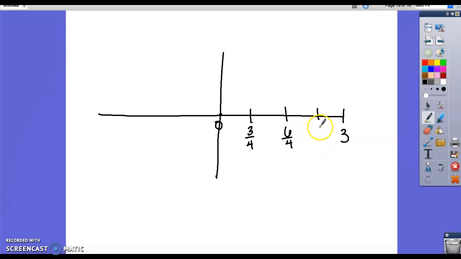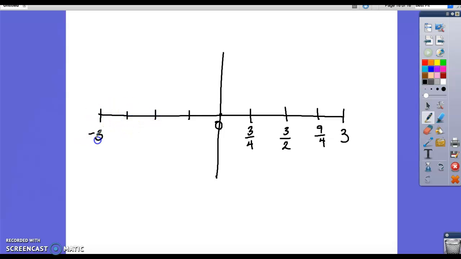And 6/4 plus 3/4 is 9/4. And 9/4 plus 3/4 is 12/4. If I go back and reduce, 6/4 reduces to 3/2, and 12/4 reduces to 3. So that all works out nice and neat.